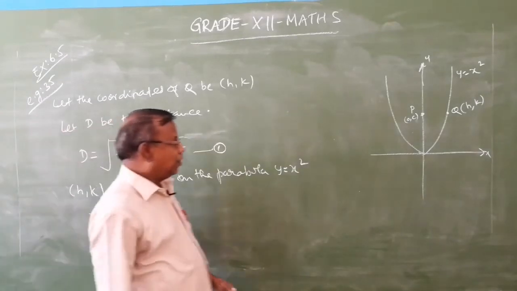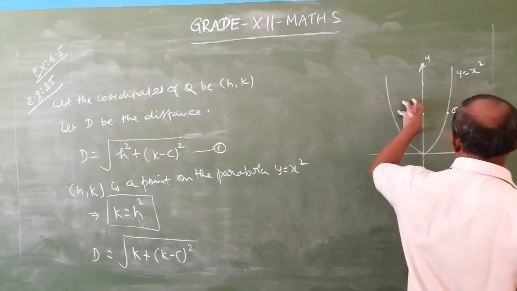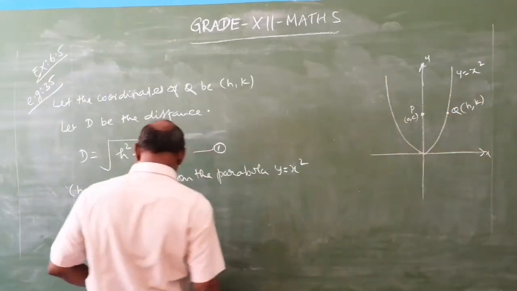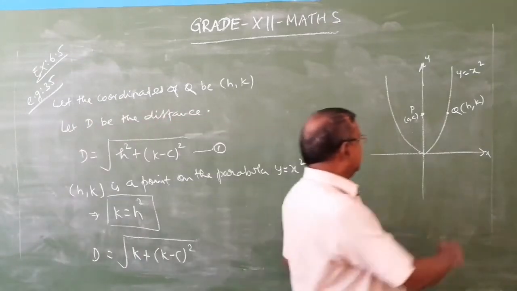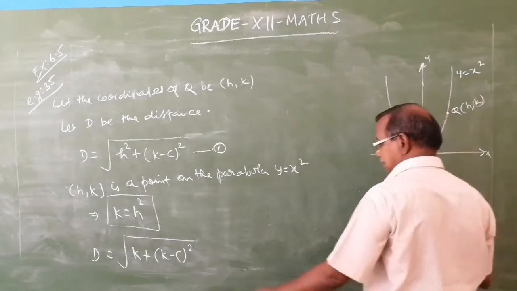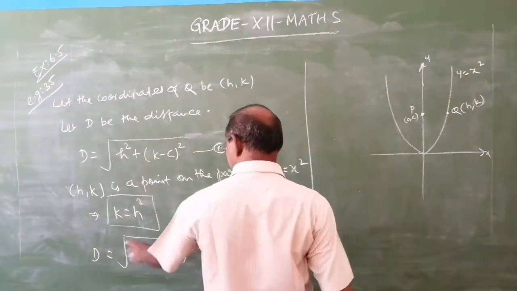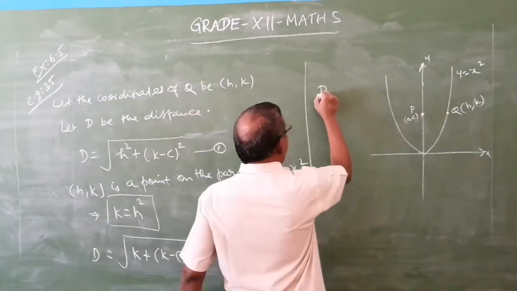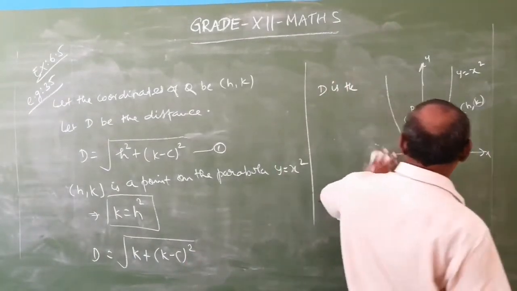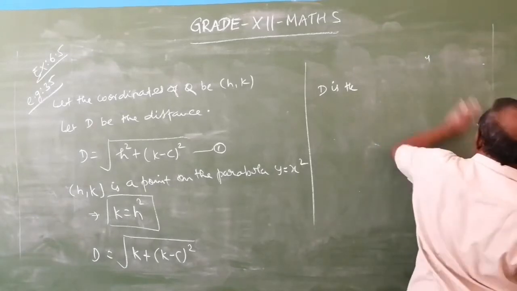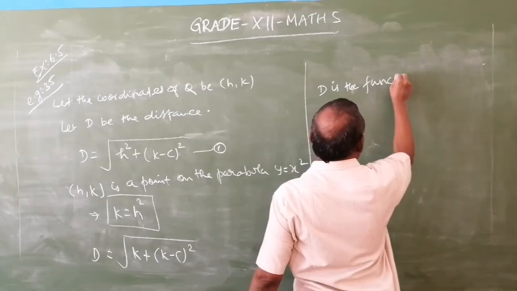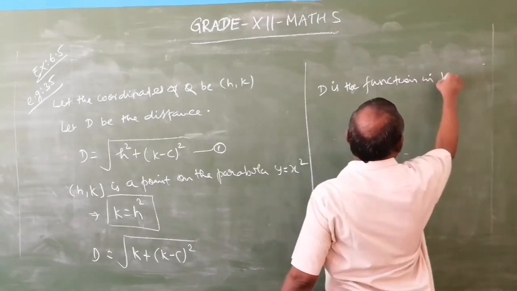Since the point is (0, c), c is a given point, therefore it is constant, and the variable is k, because we can take any point on this parabola, therefore k is the only variable. Therefore, d is a function of k.